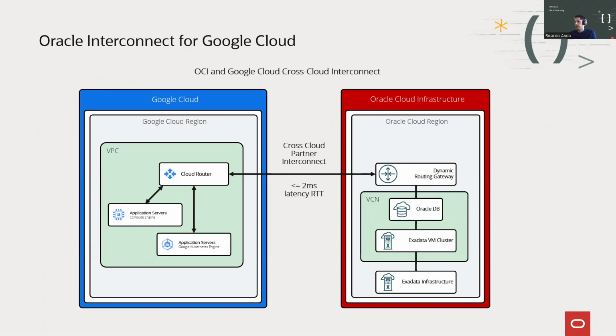Apart from that, the customer will need to have a VCN, the virtual cloud network where they can deploy any resources they need. For example, here, as you see in the picture, there is an Oracle database running on Exadata infrastructure, but with this solution, you can deploy any service that is available in OCI and connect it to GCP. Of course, to get the connection to work, you will need to set up all the necessary routing.